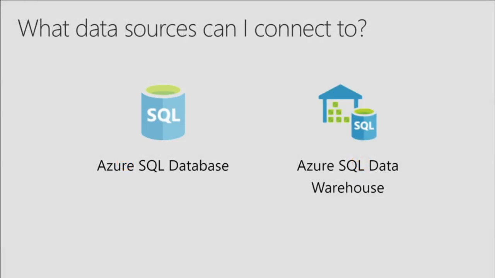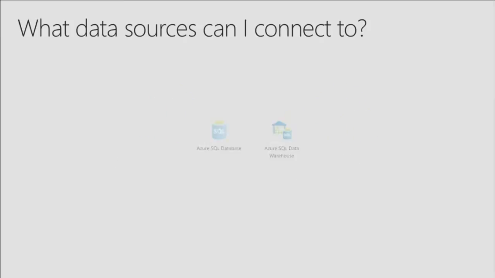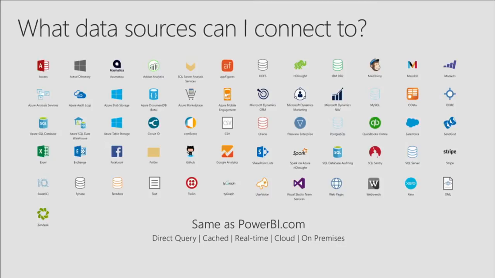Now, what data sources can you use? When we first launched the Power BI workspace collection capability, we only had two data sources. Now, we support every single data source that's available in Power BI. And this is the value of that converged service. Importantly, DirectQuery works. Cached data sets work. There's an API for refreshing the cached data sets programmatically.